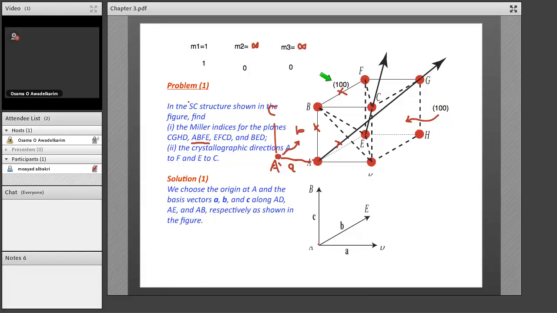Okay, so this plane here is the 1, 0, 0 plane, and it's parallel to the plane CGHD. So they're all the same plane, 1, 0, 0. In fact, all planes parallel to this plane will all be 1, 0, 0, so they are all called 1, 0, 0 planes.